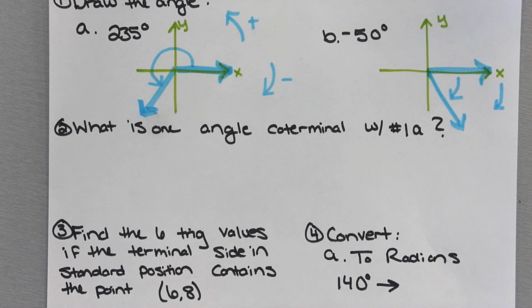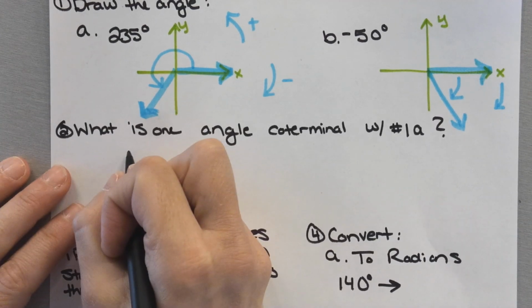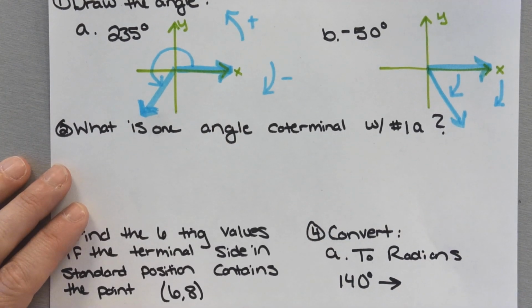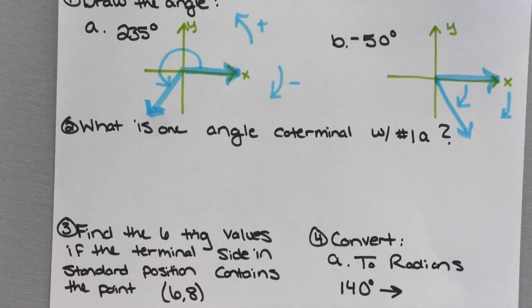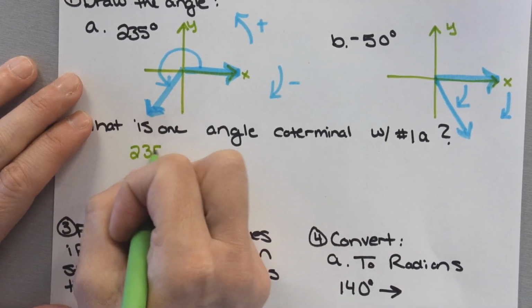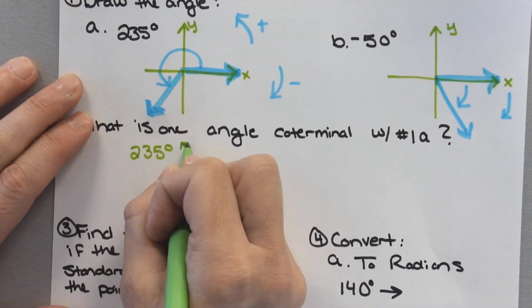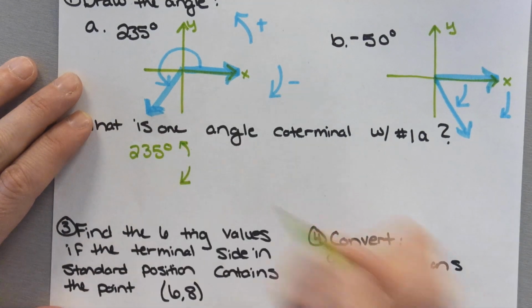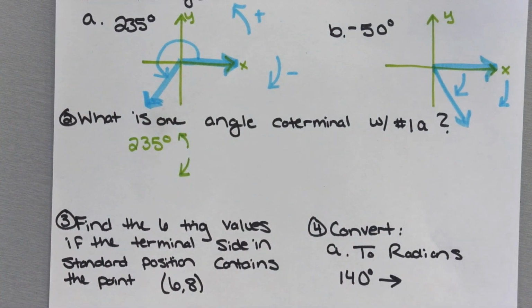So 1A, let's find a coterminal angle. So 235 was our original angle. What could I do to that to find a coterminal angle? We could go negative. So 235 is our positive if we went this way. So if we went the other way, it would be negative.